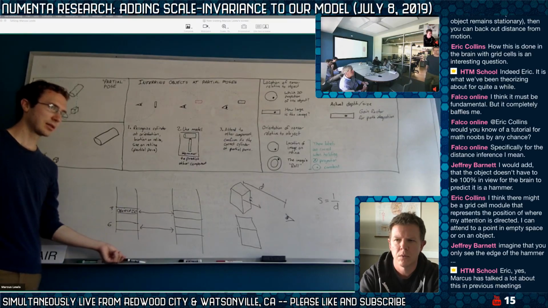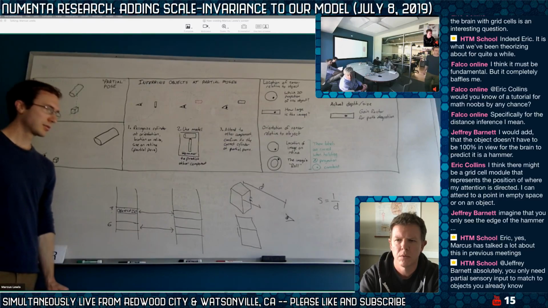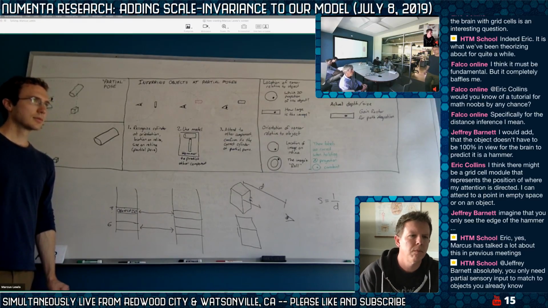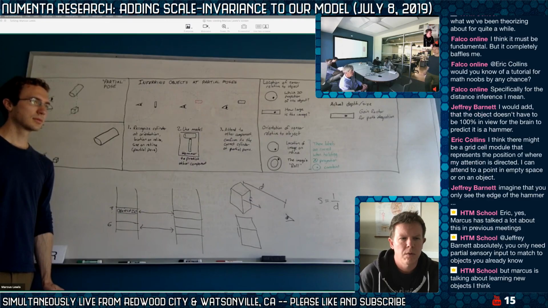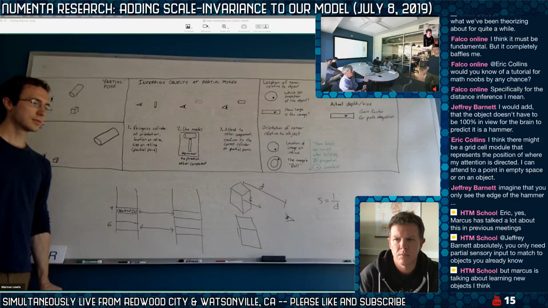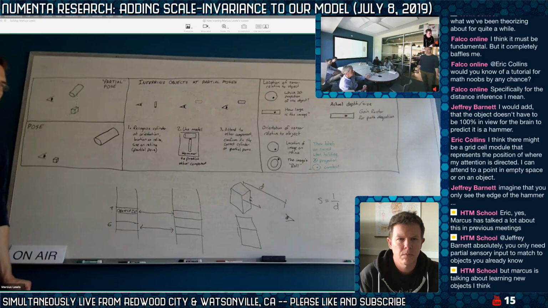I'm just trying to imagine I'm a column and I'm trying to predict the larger cylinder. What information do I need to know? And when I say complex, I don't mean bad or difficult. I'm just saying there's more information. It's not a simple thing. It's not an object ID. It's object ID plus pose information. And I don't even know how to interpret that, because I have to know something about where the skinny cylinder is.